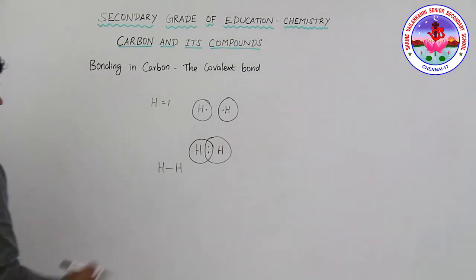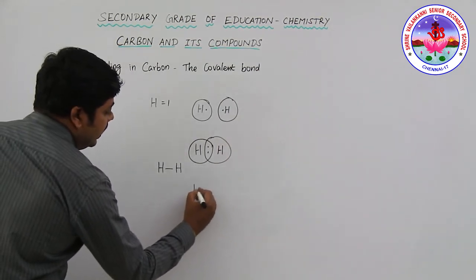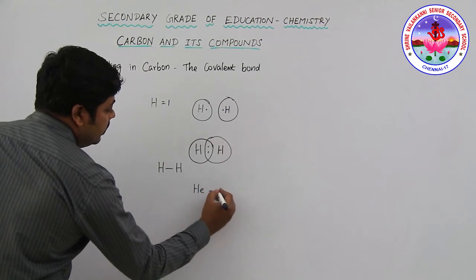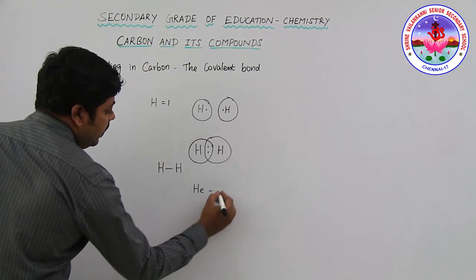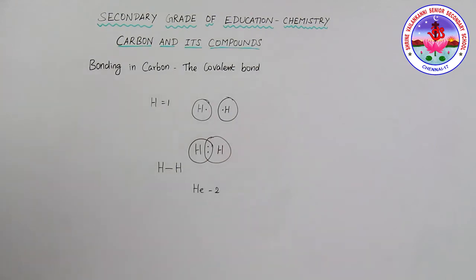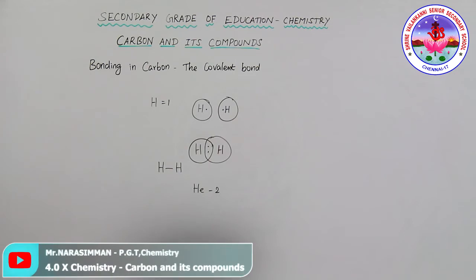Here the nearest noble gas is helium, a noble gas element with atomic number 2. So hydrogen forms the H2 molecule like this. Hydrogen exists as H2 in its single state. The shared pair of electrons constitutes a single bond between the 2 hydrogen atoms.